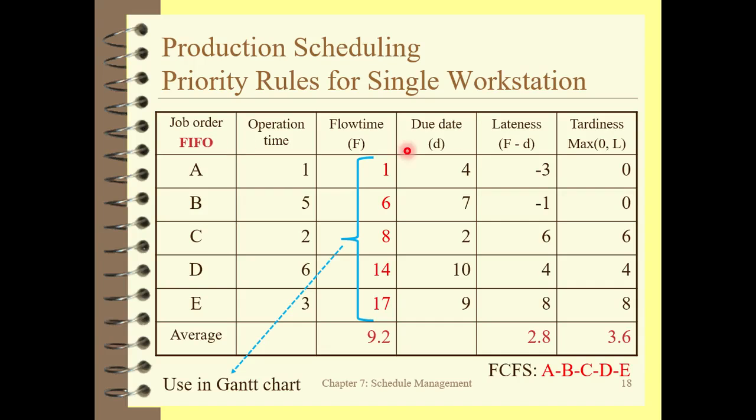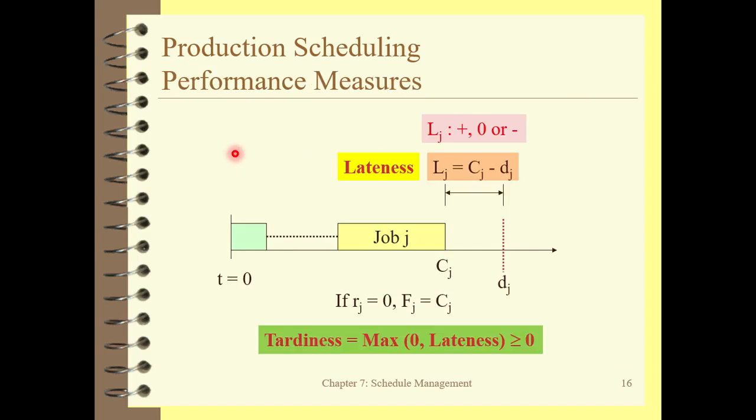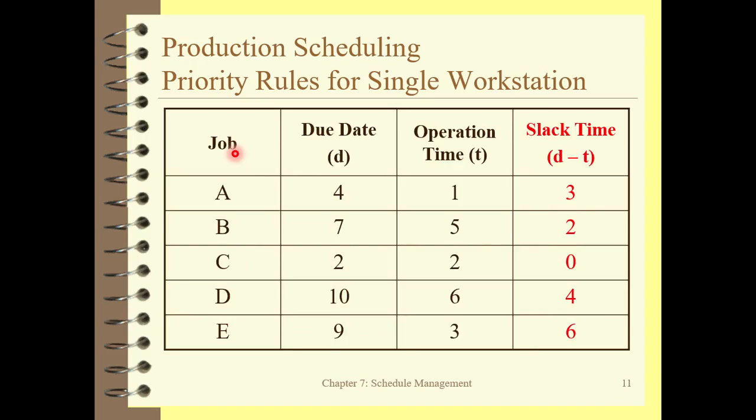You have to prepare the table like this one. The heading of the table consists of job order, operation time, flow time, due date, lateness, and tardiness. Very simple.